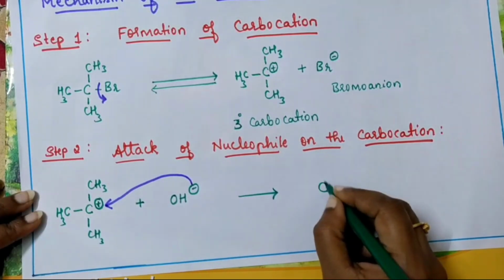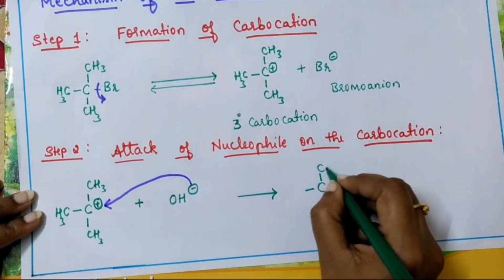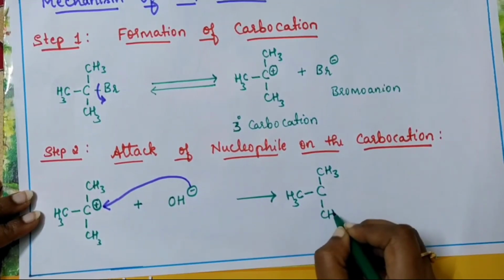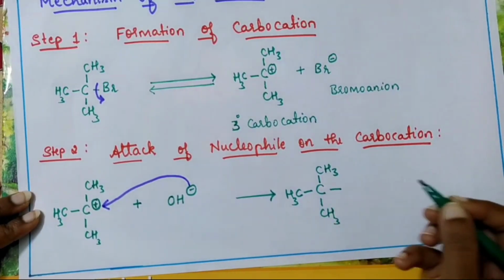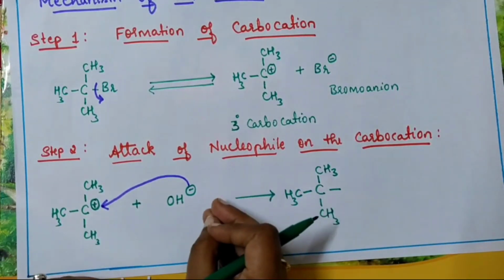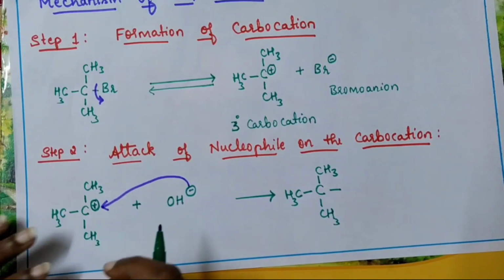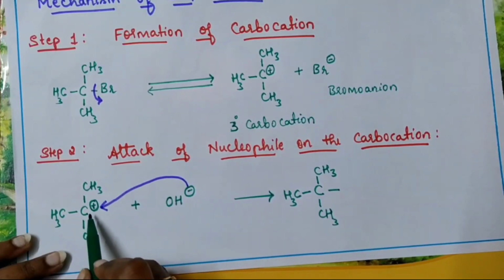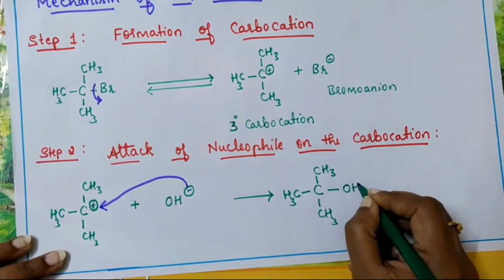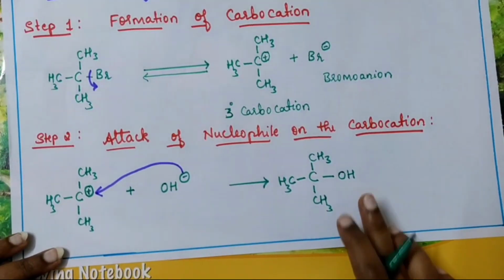We will get carbon with CH3, and this OH has attacked the carbocation. Attacking in the sense this negative charge is getting attracted towards the positive charge. So there will be a bond formation between carbon and OH. So we will get this final product.